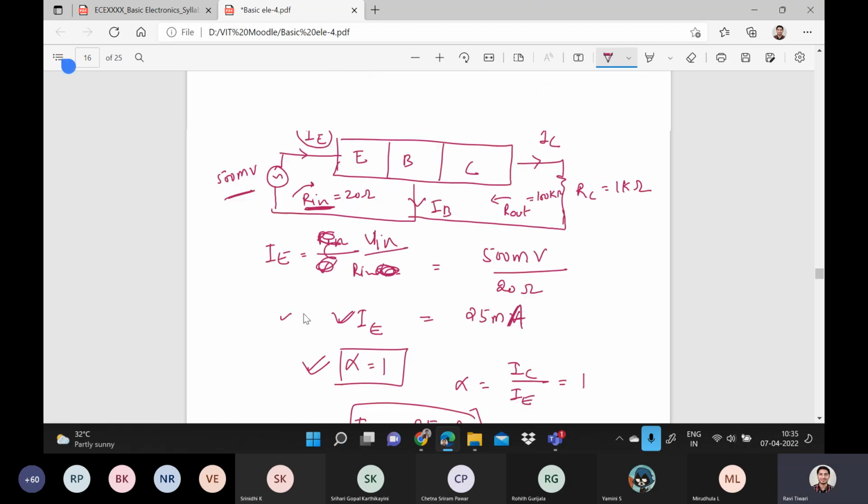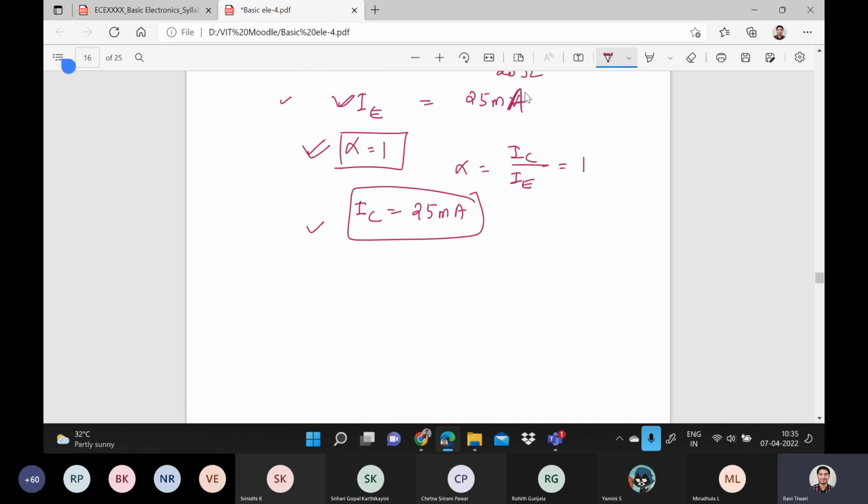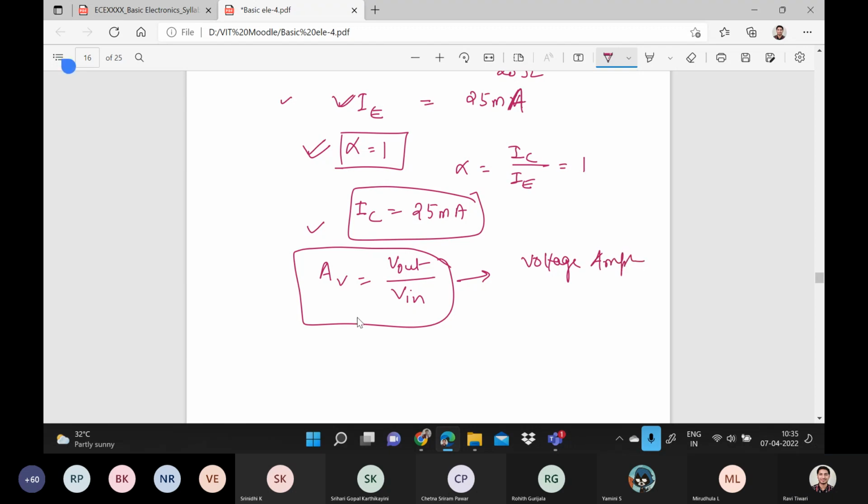We have to find out the voltage amplification. Voltage amplification means AV is equals to V out divided by V in, right? We have IC.